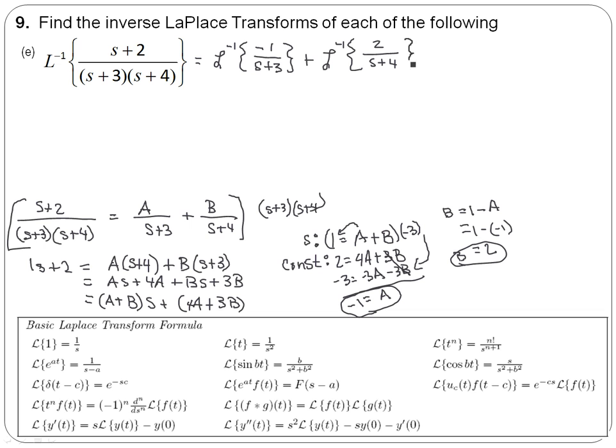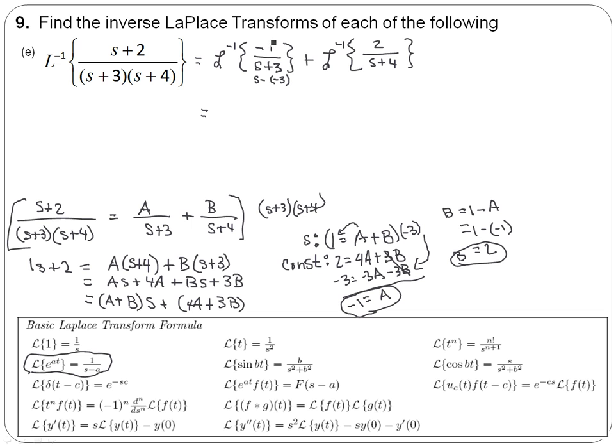Now when you have s plus or minus some constant in the denominator, that tells you that when you apply the inverse Laplace, you're going to get an exponential function. In this first case, you have s plus 3 or s minus a negative 3.